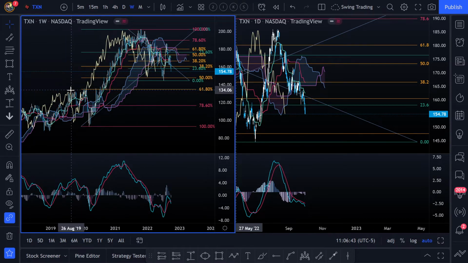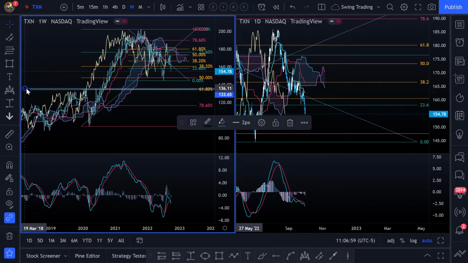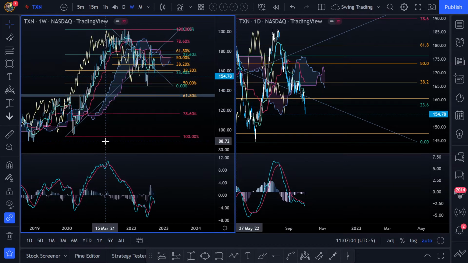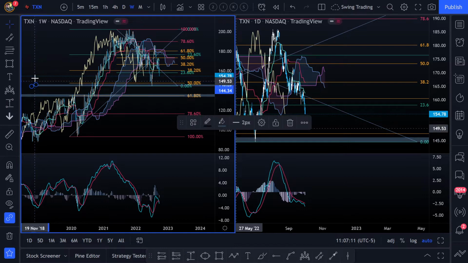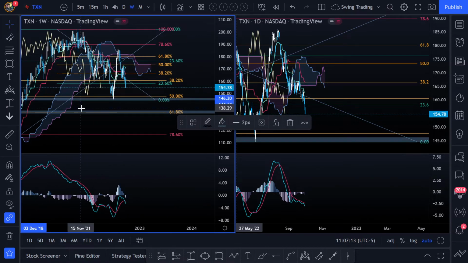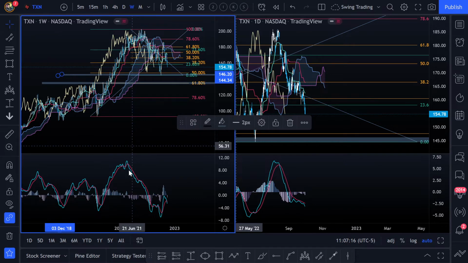And well, perhaps the price could go as low as 134, which is a confluence area with a 61.8% Fibonacci level, and also it was previous resistance back in January 2020. I guess that's it for Texas Instruments.